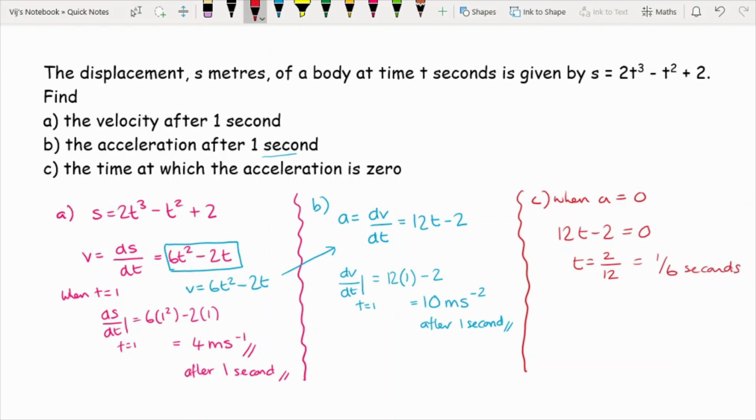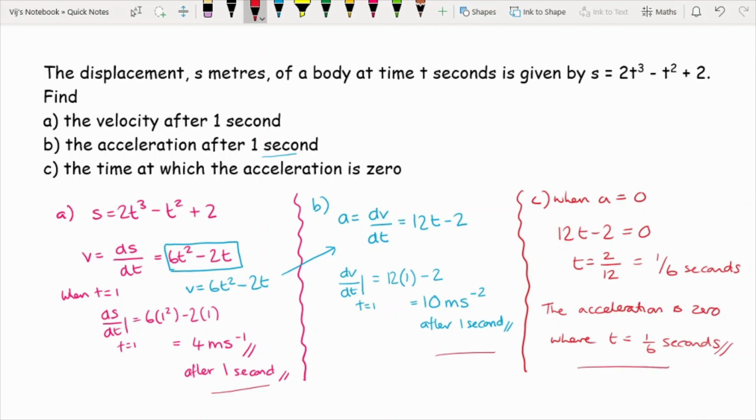Just to reiterate what the answer is saying, the acceleration is 0 when t equals 1/6 seconds. It's always worth understanding what we're actually writing in the question, just to summarise.